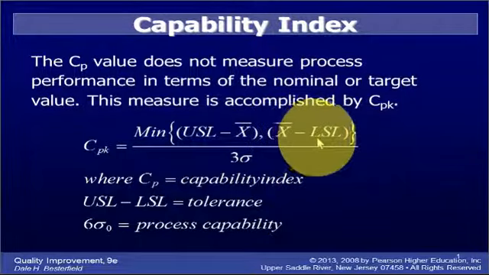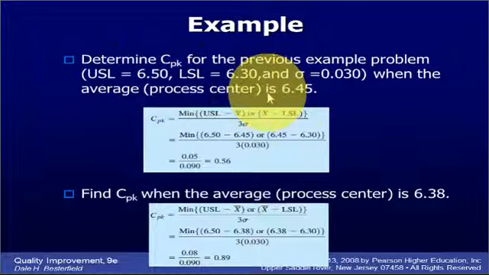Here's the same keyway example, and I want you to determine the CPK value when the process center is 6.45. Now in our numerator, the first term is the difference between the upper specification limit and our process center, so that is 6.50 minus 6.45.